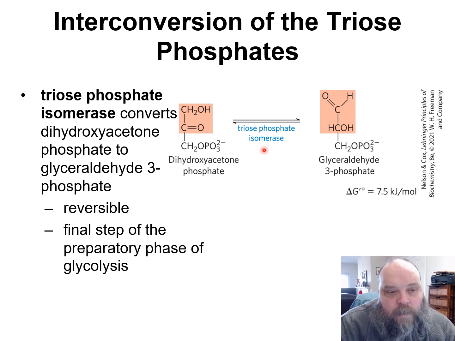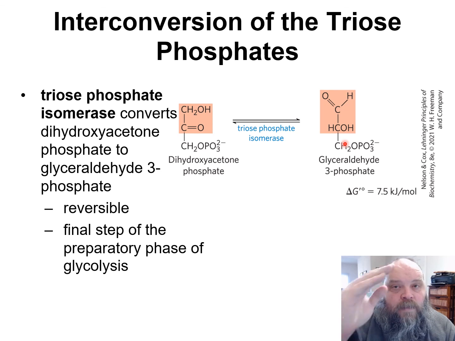Dihydroxyacetone is not what our cells want. Dihydroxyacetone phosphate, DHAP, we want G3P. So you get this isomerase that's going to help push to G3P because this can't be used. This is the substrate for the first set of enzyme reactions in the payoff phase, the second half.